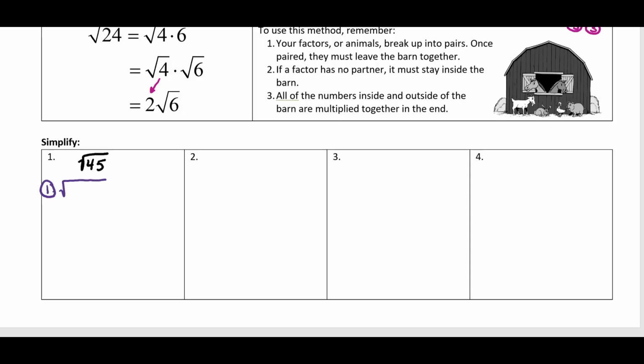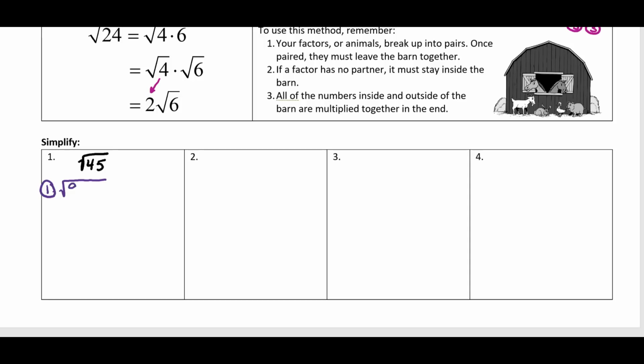Let's think about all the things that multiply to be 45. 1 goes into 45, but we know there are bigger numbers. 4 doesn't go into 45. 9 goes into 45, 9 times 5. And the very fact that 5 is prime and 9 is not tells me that 9 is the biggest perfect square.